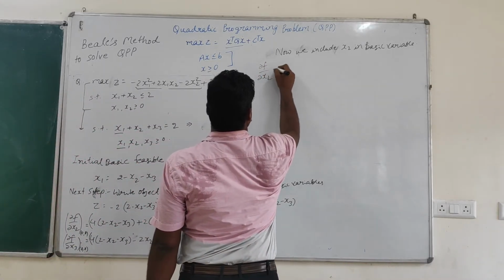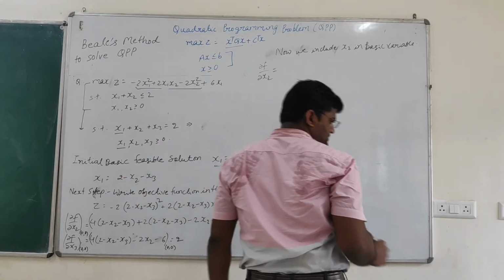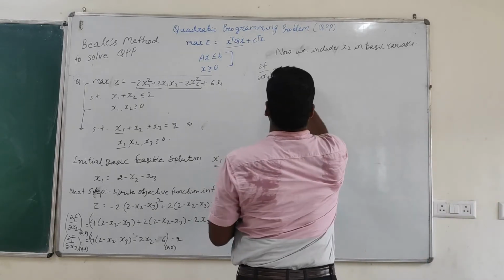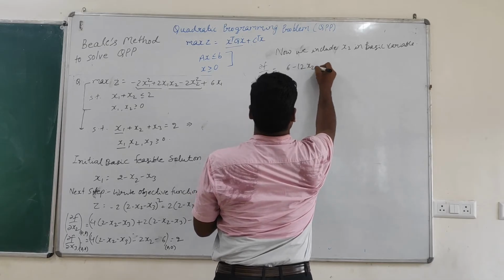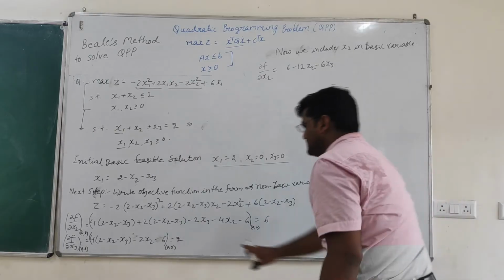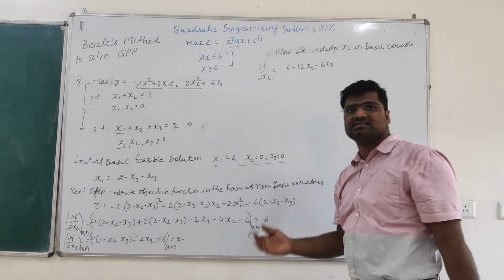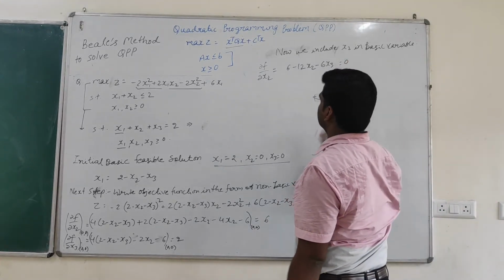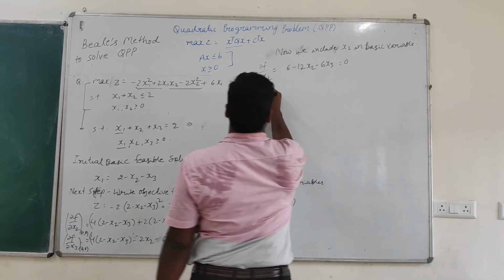So the equation I am getting is 6 minus 12 x2 minus 6 x3. Now if I simplify this expression, I will get this. Since I want to maximize the rate of increase, I will keep it 0, and x3 is also 0.